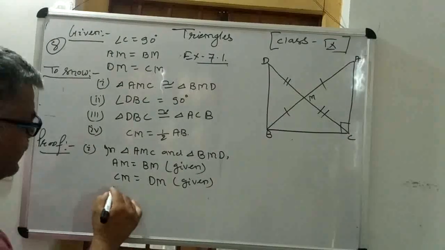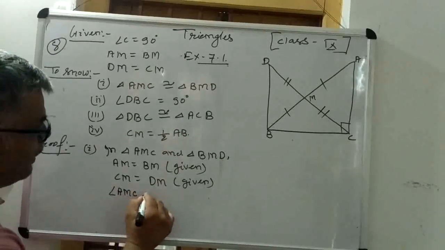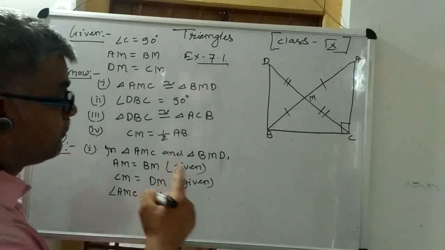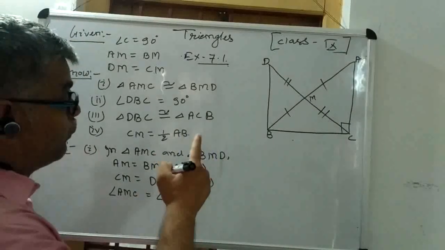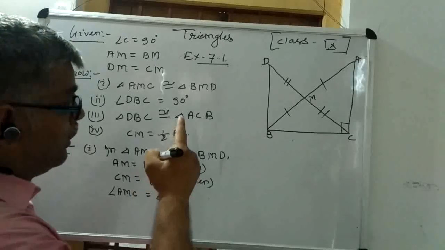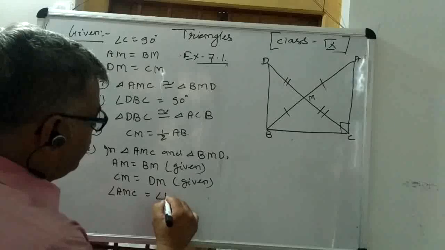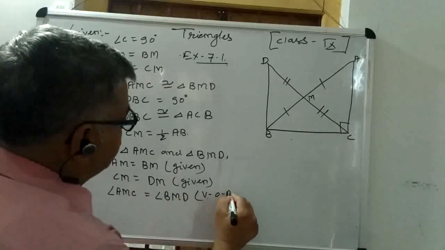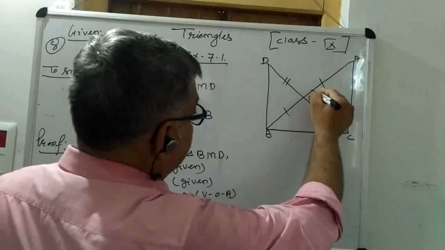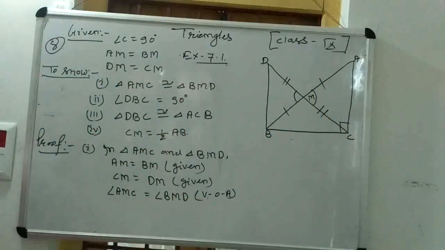And one more thing is that angle AMC equals angle DMB or BMD. This is due to vertically opposite angles. It means that these two angles are equal due to vertically opposite angles.